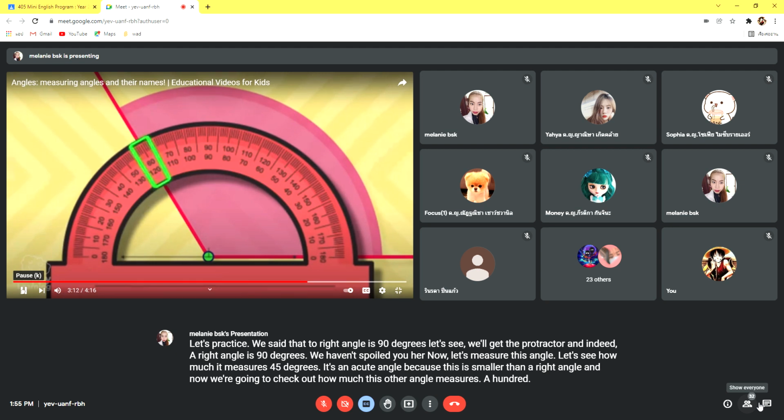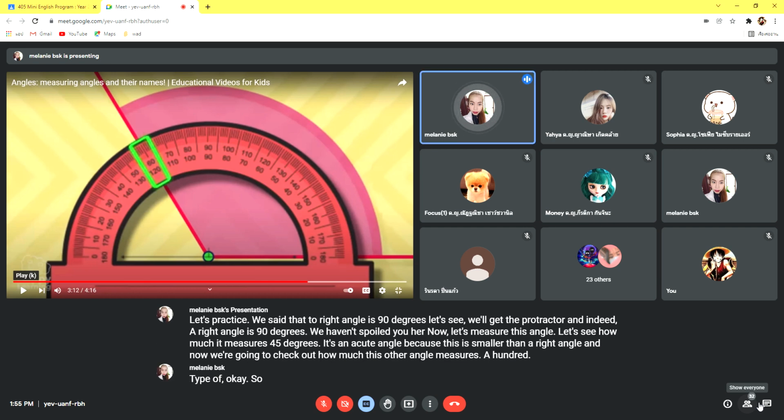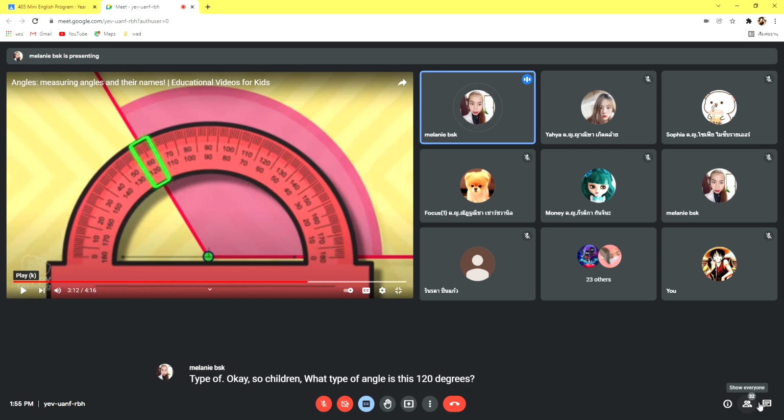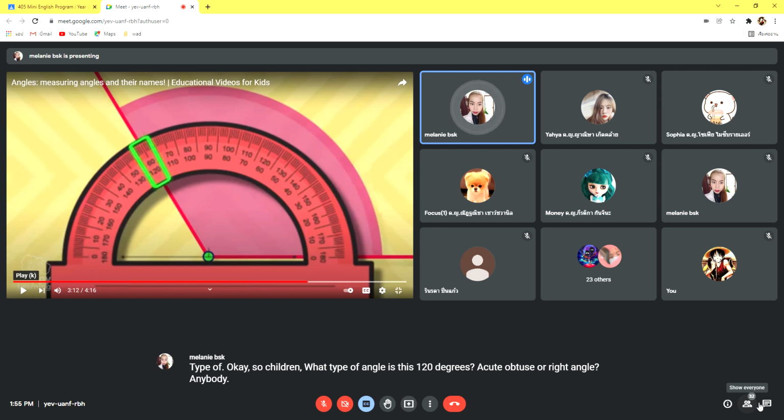120 degrees. Okay, so children, what type of angle is this? Acute, obtuse, or right angle? Anybody? 120 degrees. Obtuse, acute, or right angle?